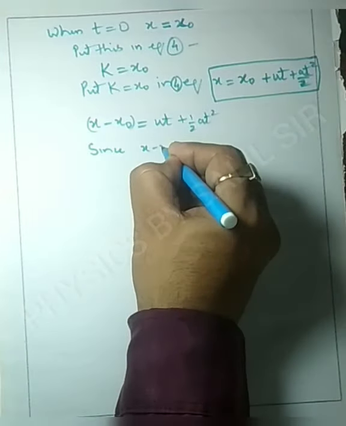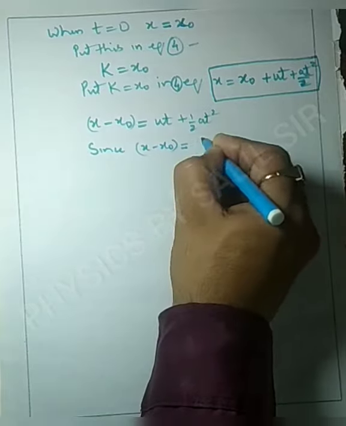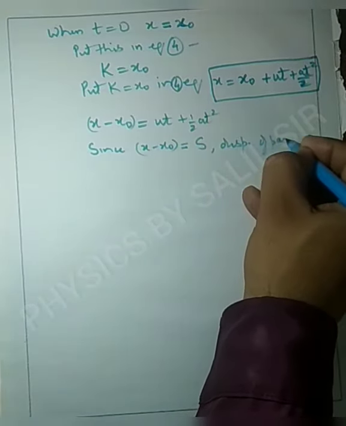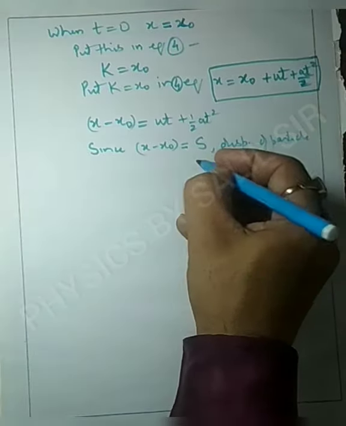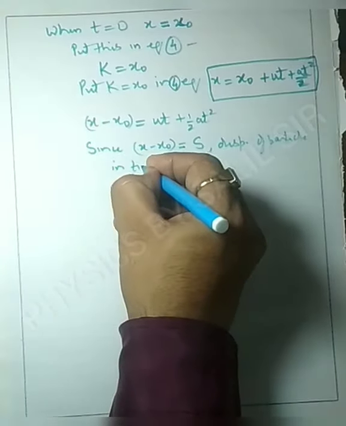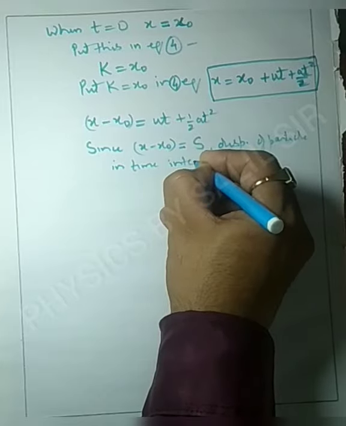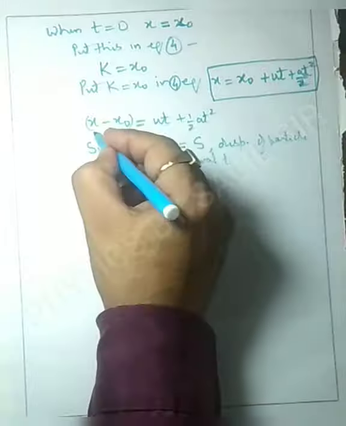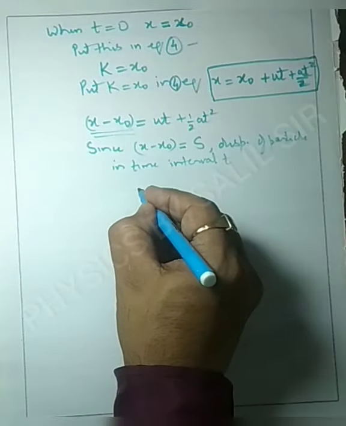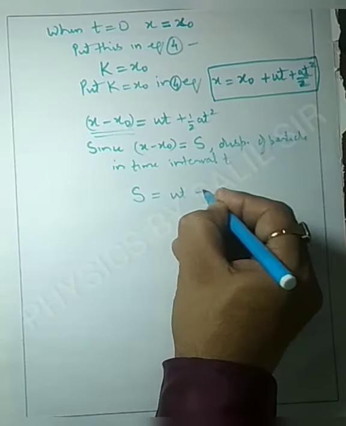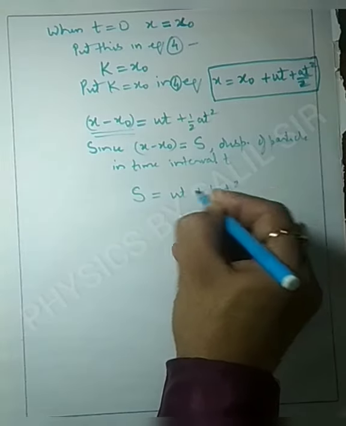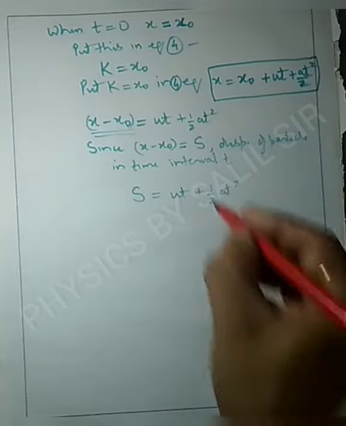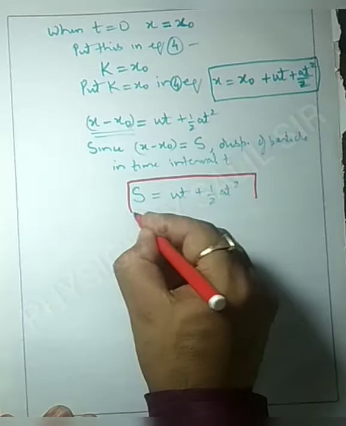Since x minus x naught is s, and this is the displacement of the particle in time interval t, in place of x minus x naught we can write s is equal to ut plus half at square. So finally this was the required equation, s is equal to ut plus half at square.